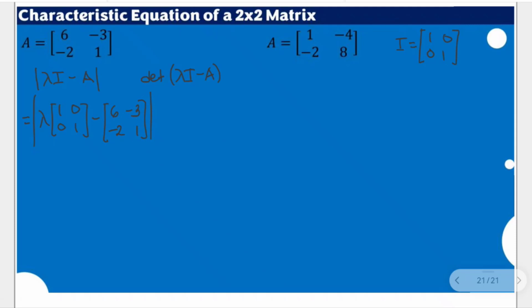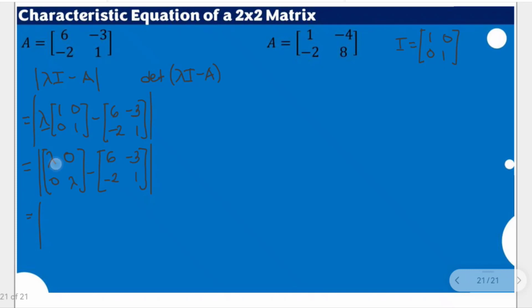Let's just do it step by step. Of course, you could do it on your own, but for this purpose, multiply the lambda: you have lambda, 0 because lambda times 0 is 0, 0, another lambda here, minus your matrix A. Both of our matrices are 2 by 2 matrices, so the difference is defined, and you will have this next expression.